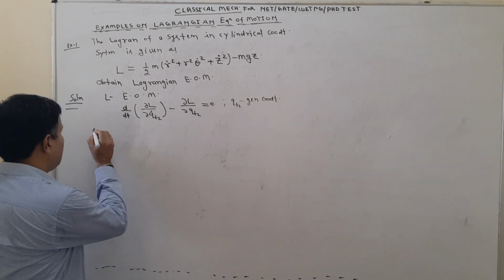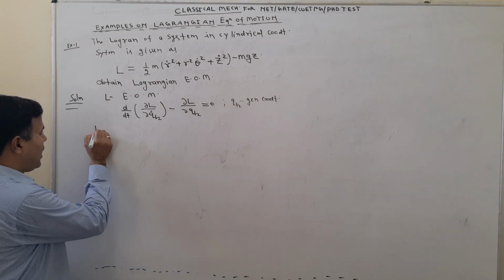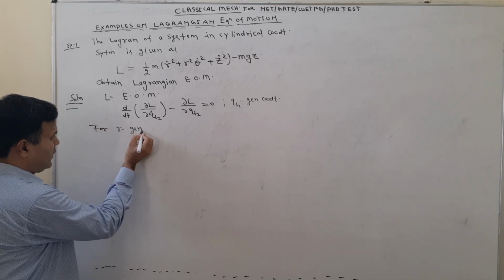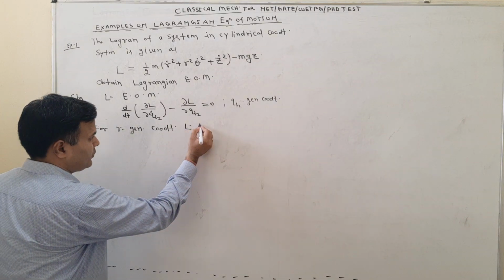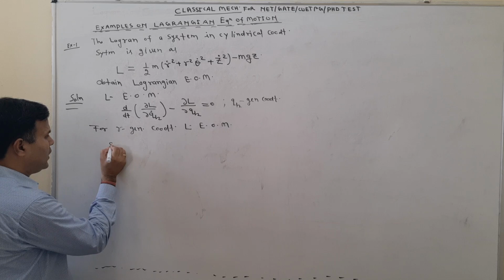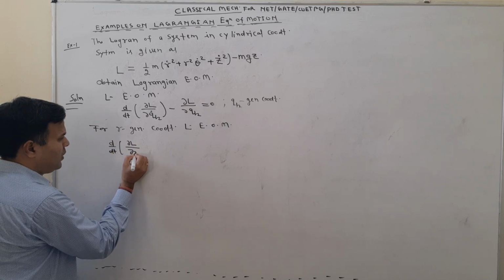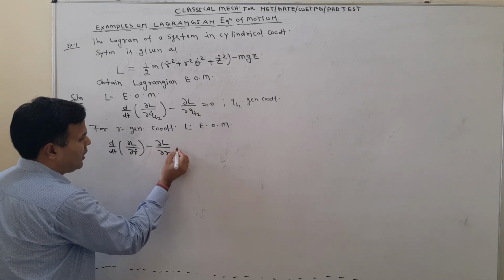If we talk about the r coordinate, for the r generalized coordinate, the Lagrangian equation of motion is simply d by dt of del L upon del r dot minus del L by del r, which is 0.